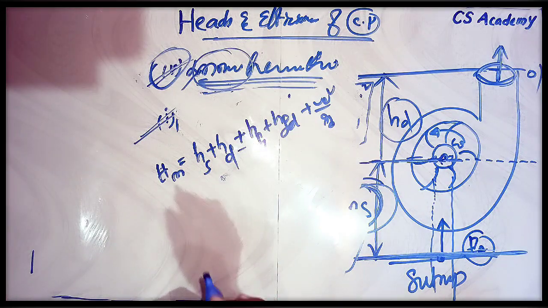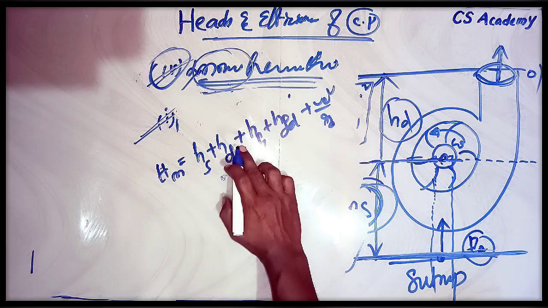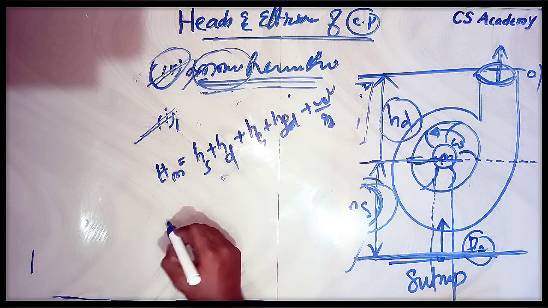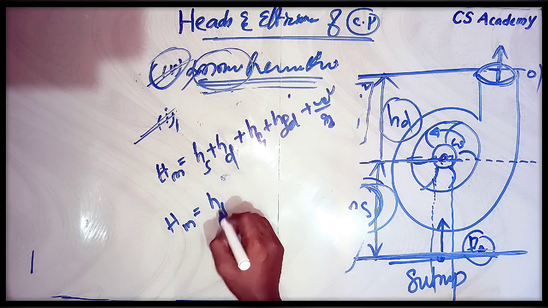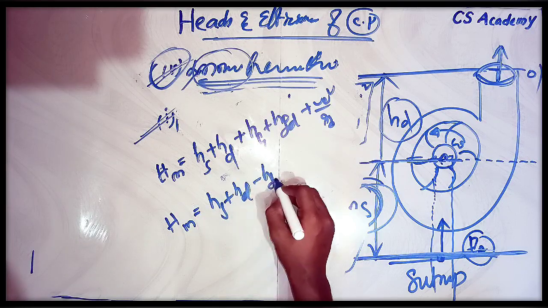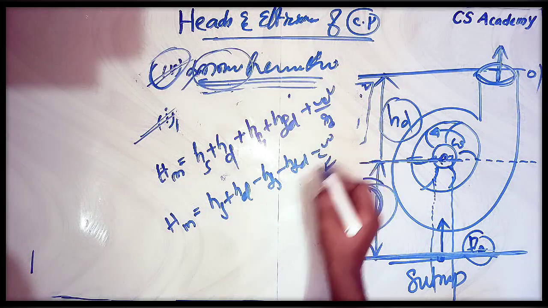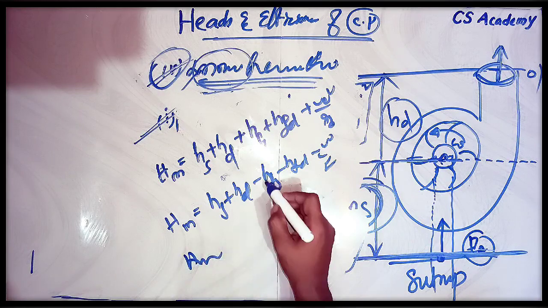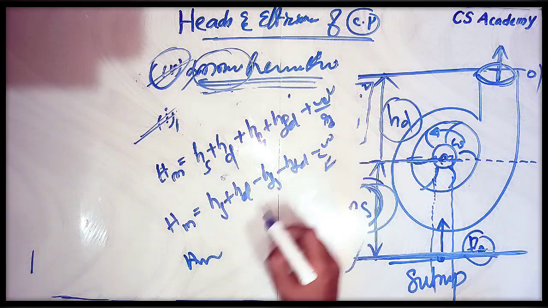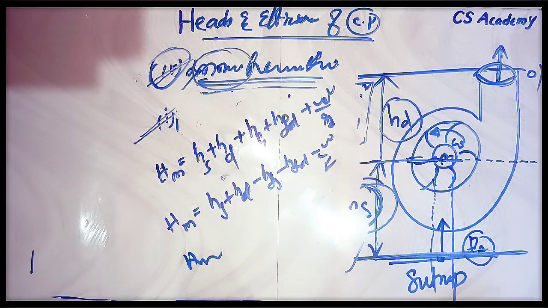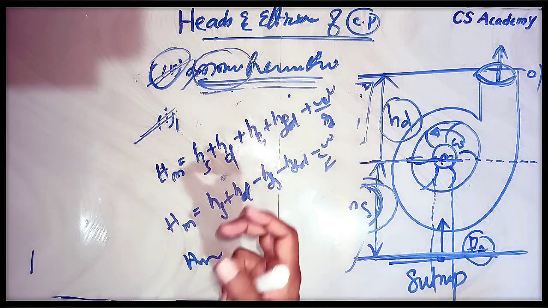In the question in APPSC, they ask which of the following is correct for the manometric head? They give options like Hm is equal to Hs plus Hd minus Hfs minus Hfd minus Vd square by 2g, and in the next options, they give one side plus and the other side minus, like this. They are giving 4 types of options. But there is quite a difference between turbines and pumps.